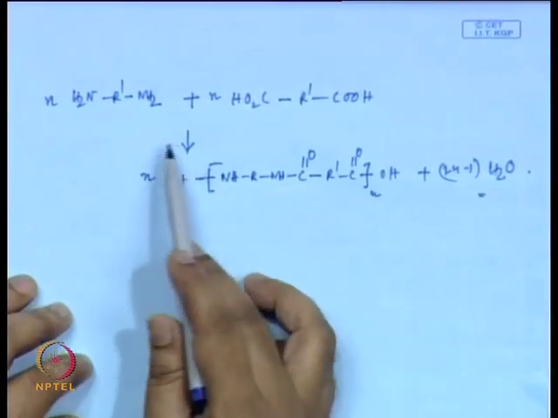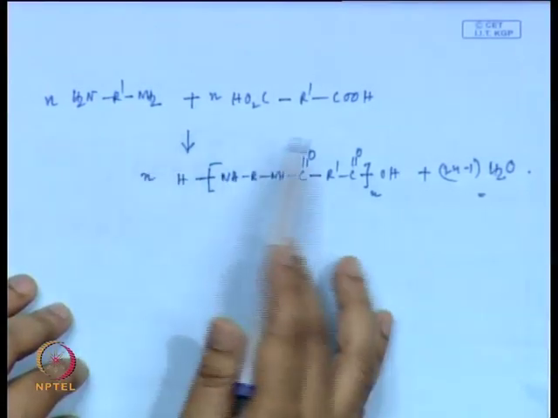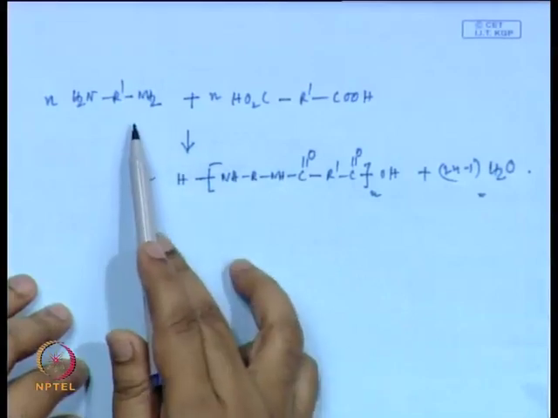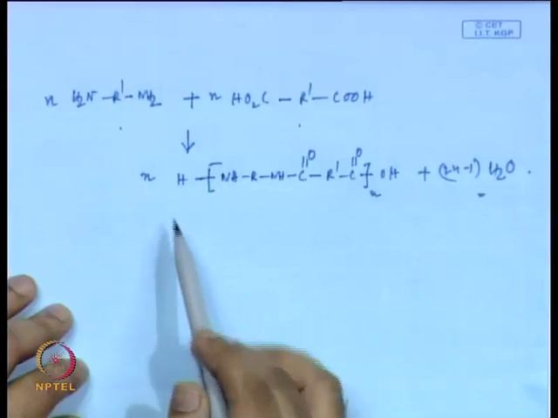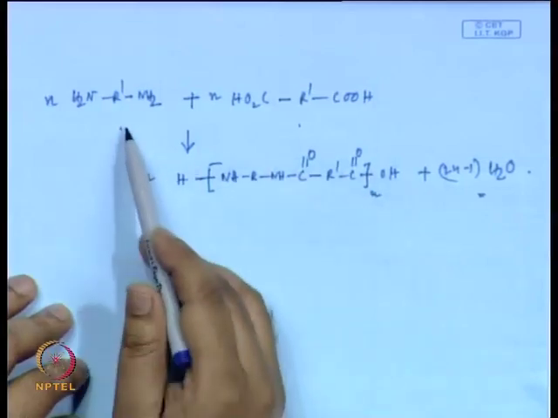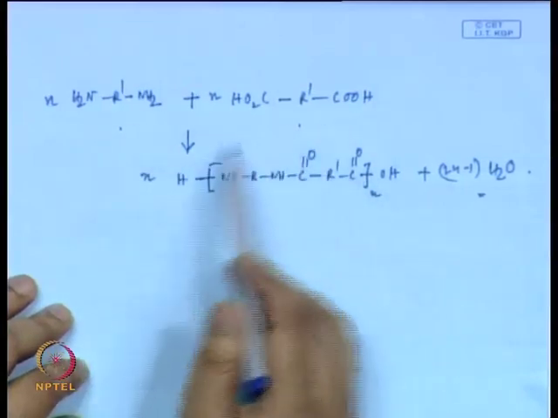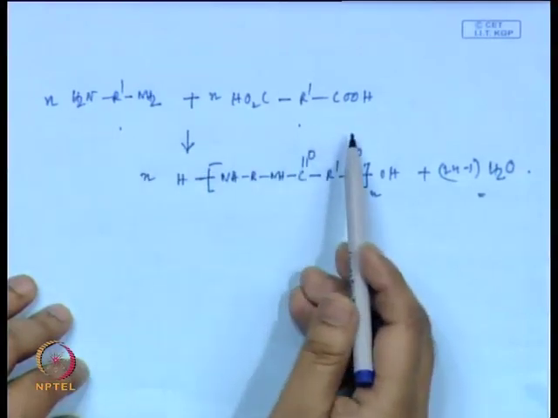Now, in this particular case, for forming polyamides, you can make this from diamine and diacids. This can also be made from other variations of these monomers like diamines and diacyl chloride.